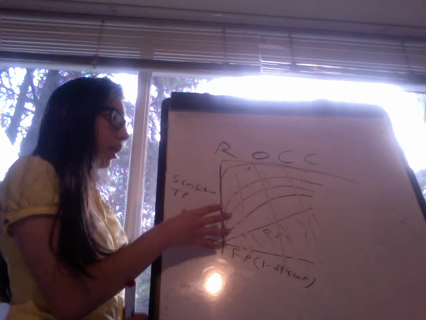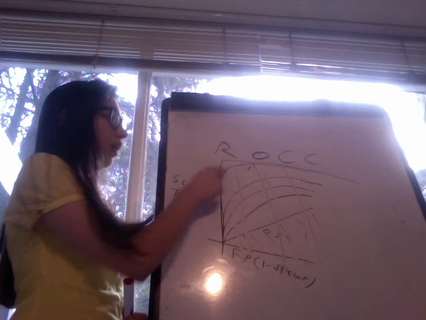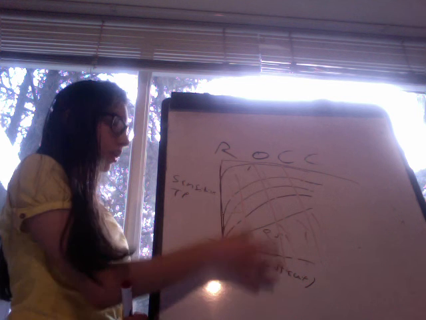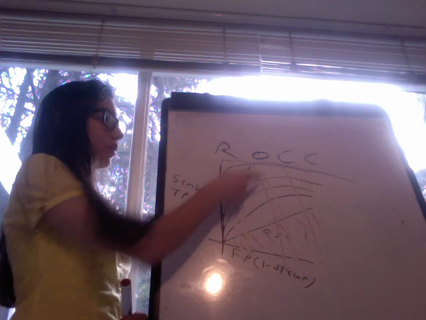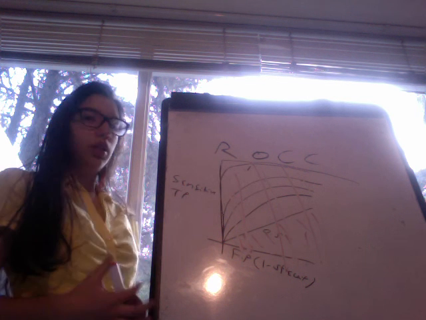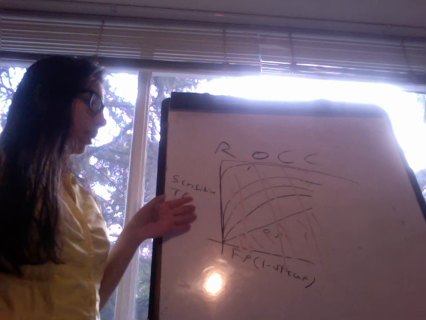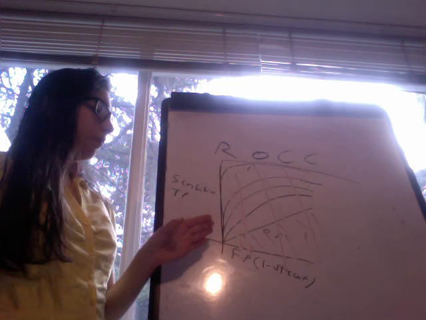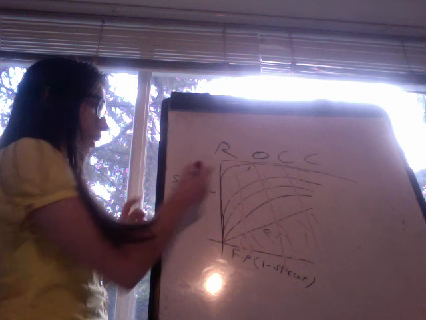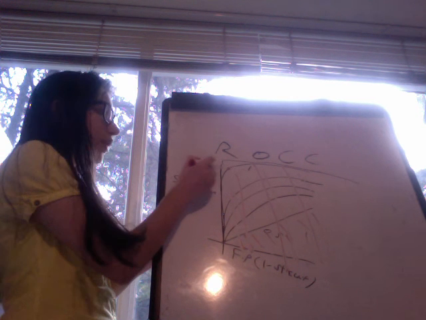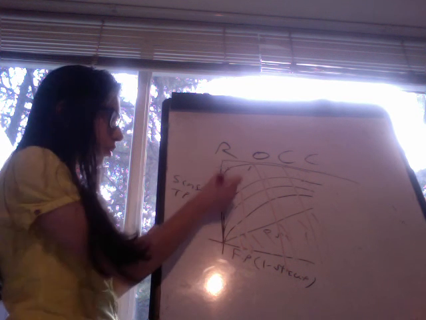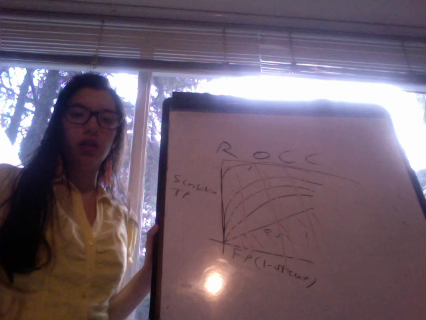We want our screening test to have an area under the curve of 1, because this is the better screening test, as it has the greatest sensitivity with the fewest false positives. Let's say this point has a lot of sensitivity and almost no false positive rate.